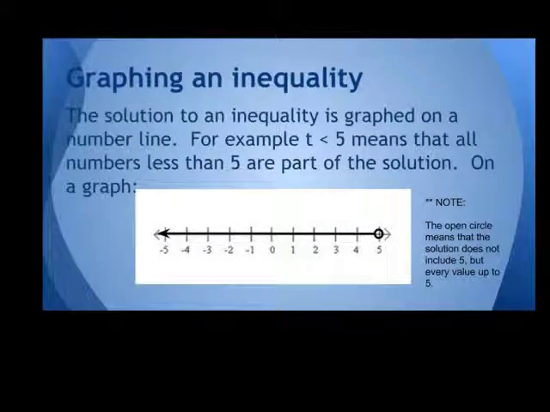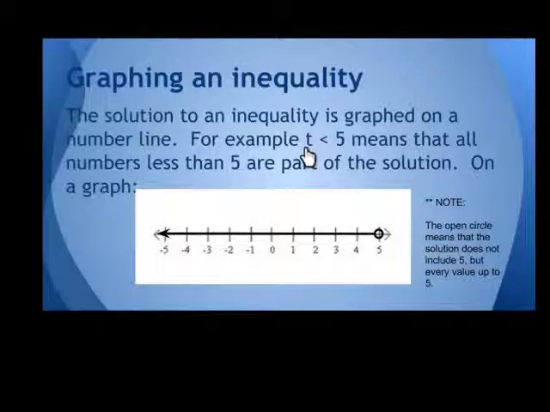Okay, so we said that the solution to an inequality is a set of values. So it's not just one number, it's a set of numbers. So for example, the inequality t is less than 5. T is less than 5 means that all numbers less than 5 are a part of the solution.